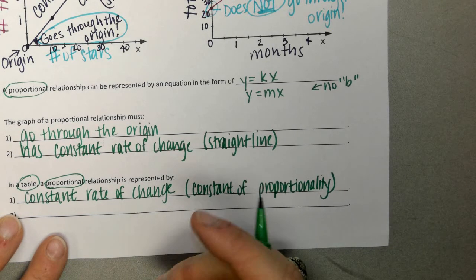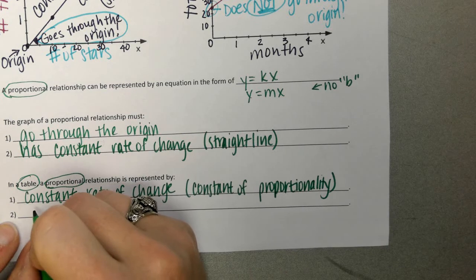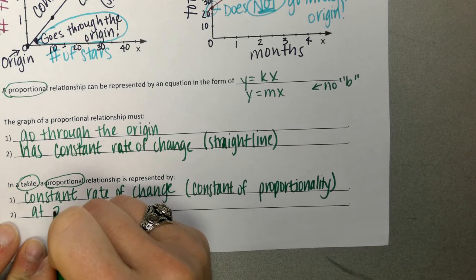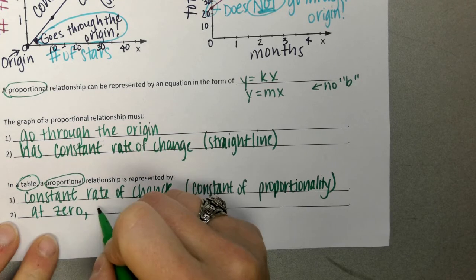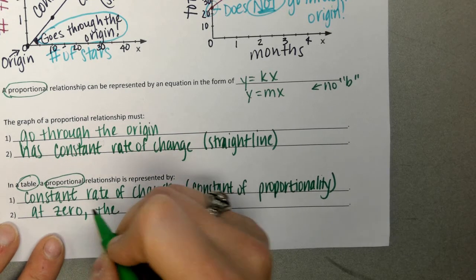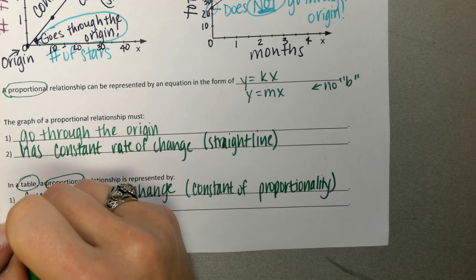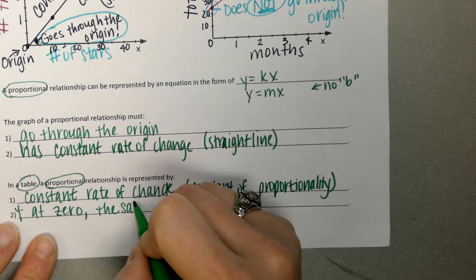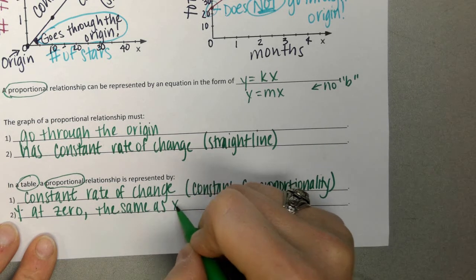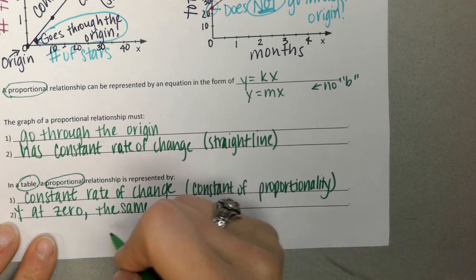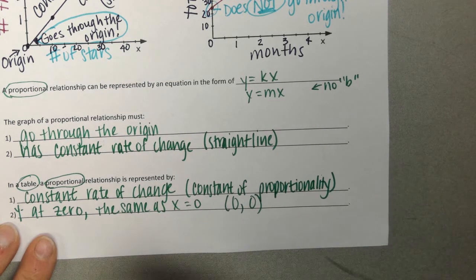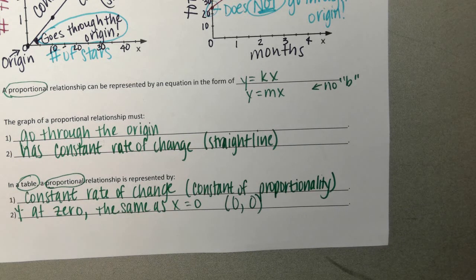And y at 0 is the same as x at 0. So you'll always have a 0, 0. Okay, we'll always start at the origin. If your y is 0, your x is 0.